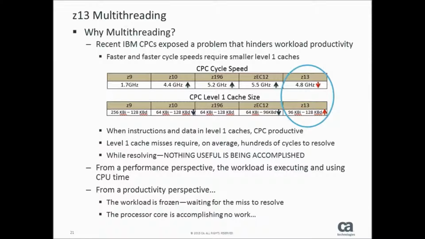and then the instruction or data can be made use of. And you can see with the Z9, the size of the level 1 instruction cache was 256 kilobytes. And the size of the Z9 data cache was 128 kilobytes. And that's pretty small.